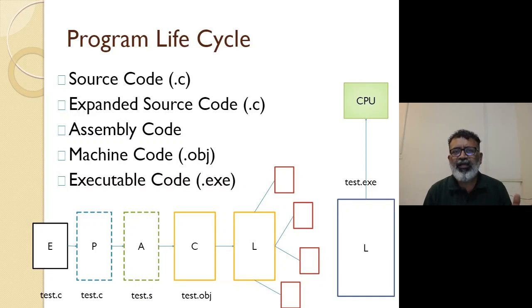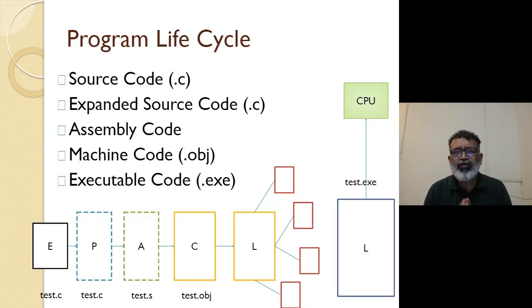If you can recall, I told you there are system software and application software, and I talked a lot about system software. One of them is the editor. Editor is a system software. So that's why I wrote E inside that rectangle. That is the source code. The editor is a system software which is required for writing source code.